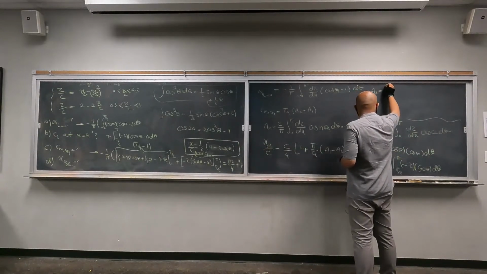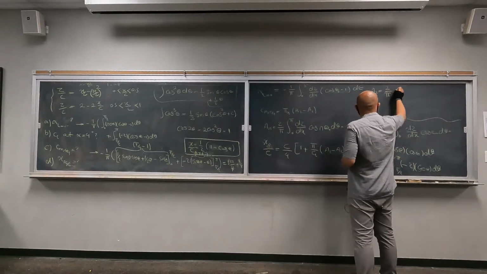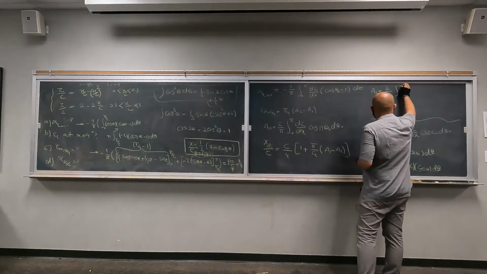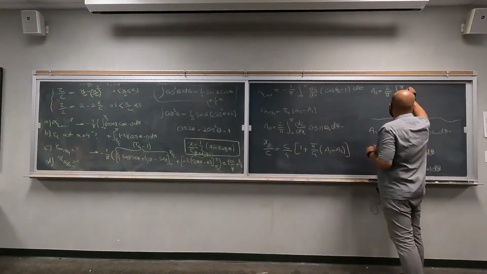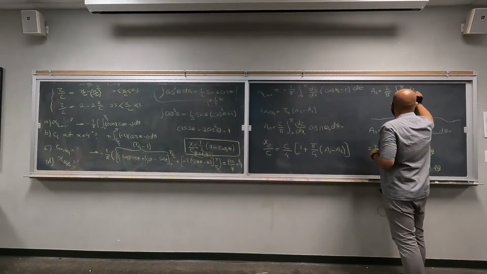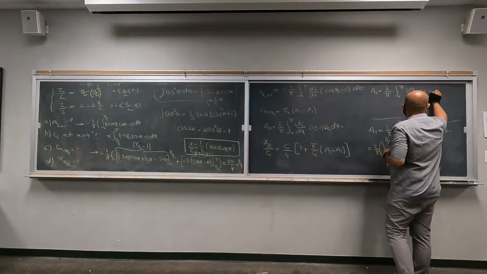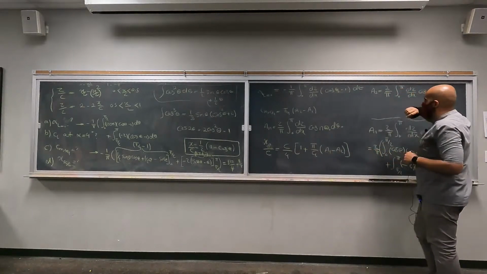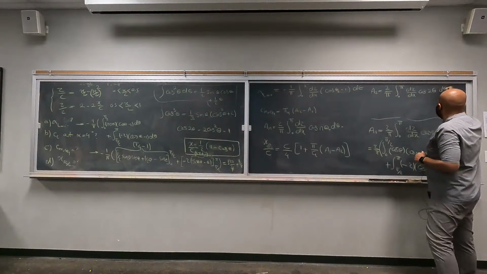A2 is 2 over pi, 0 to pi. Again, dz dx cosine of 2 theta, because n equals 2, d theta.